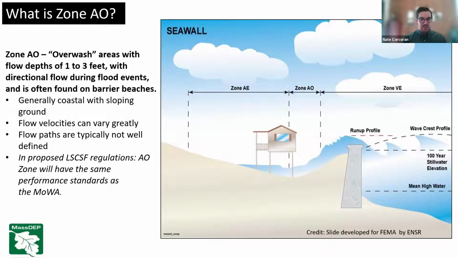It's not often easy to determine where this channelization will occur. So learning where the flow paths are is important in an AO zone. And in the proposed LSCSF regulations, that AO zone will have the same performance standards as the MOA.